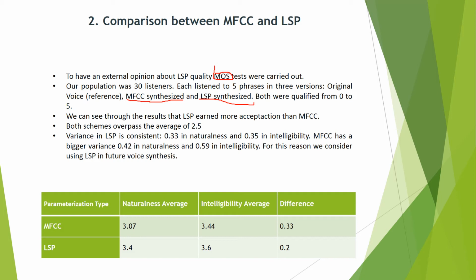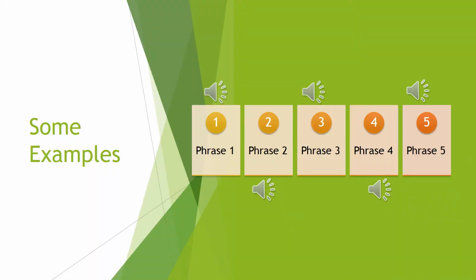MFCC has a bigger variance, that's 0.42 in naturalness and 0.59 in intelligibility. For this reason, we consider using LSP in future voice synthesis, which means that the listeners were less consistent when qualifying MFCC, and more consistent when giving the qualifications to LSP.